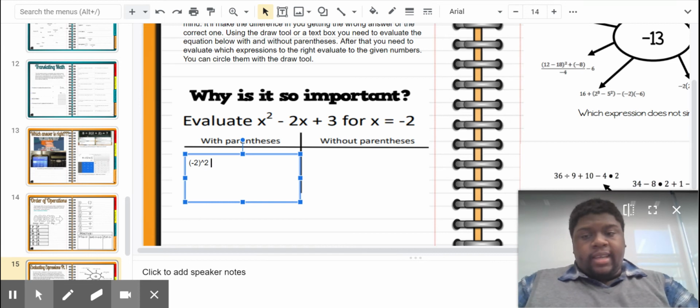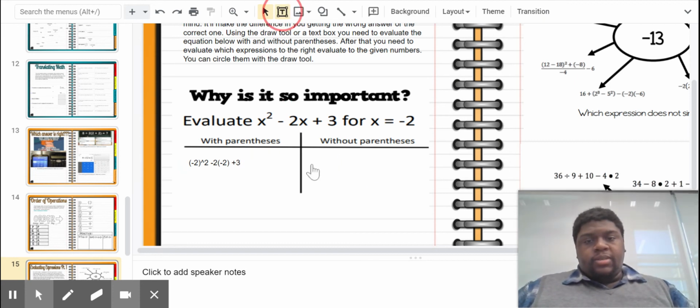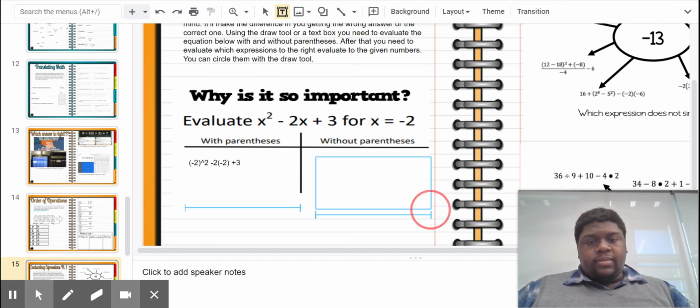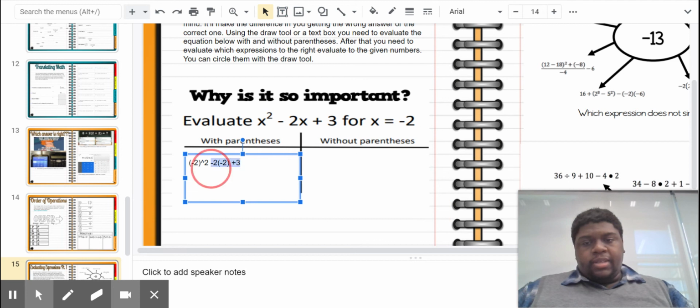And next to that, we have -2 times -2, and then plus 3. Now over here, we're going to be looking at this question without parentheses. It looks pretty similar, but you're going to notice that without the parentheses, the math changes.